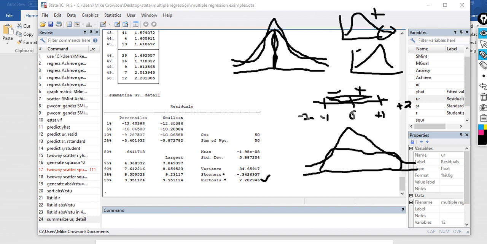So using either of those approaches, it looks like there might be some evidence of some departure from normality. This is basically a descriptive approach for evaluating normality.